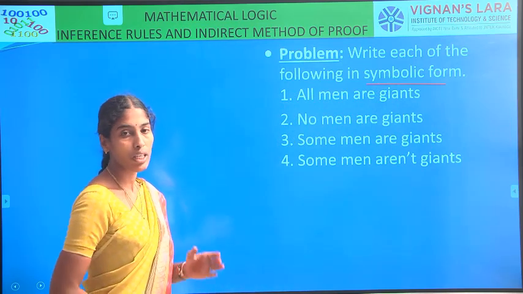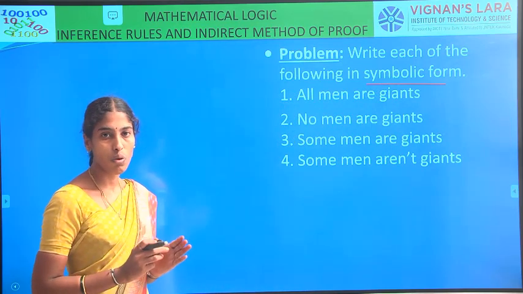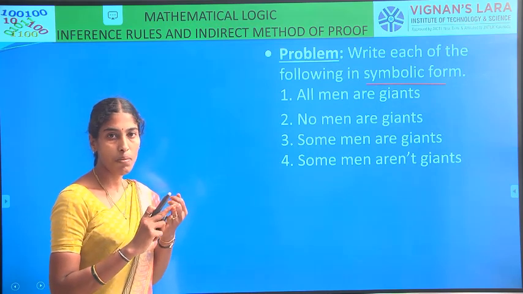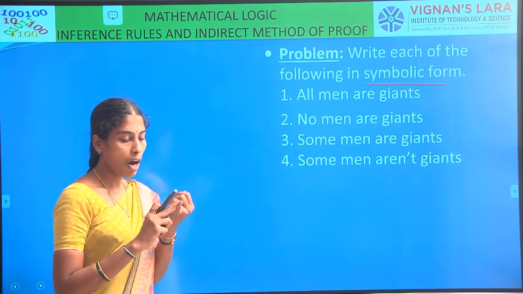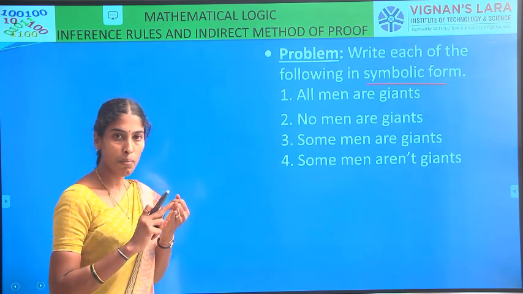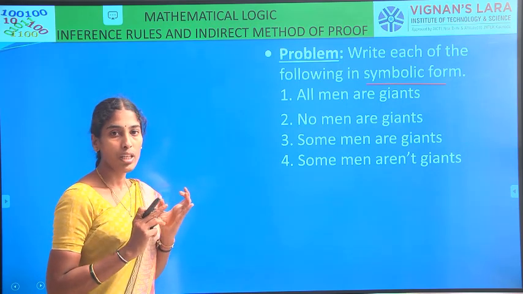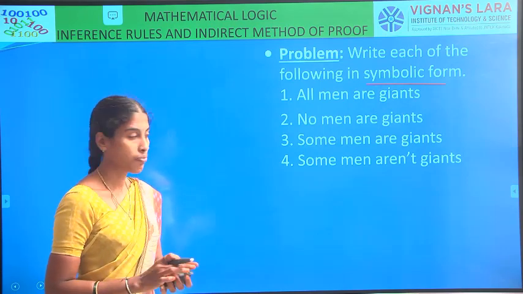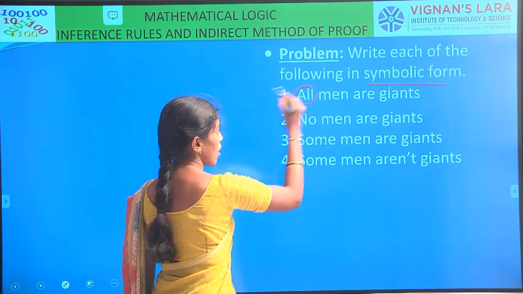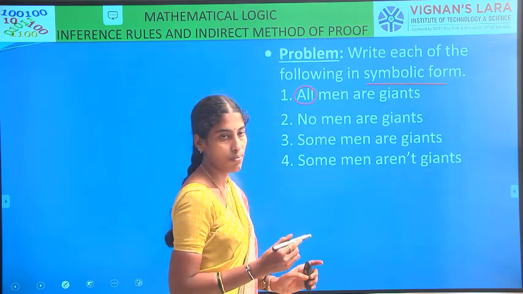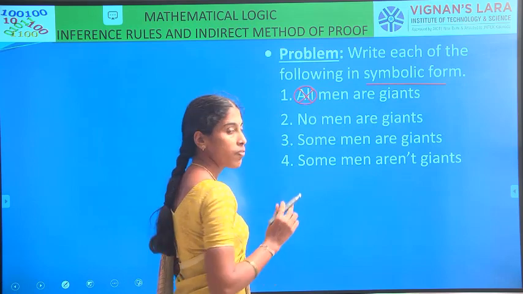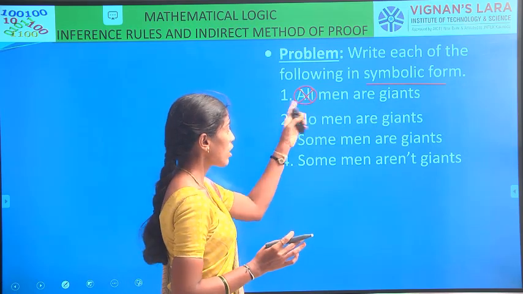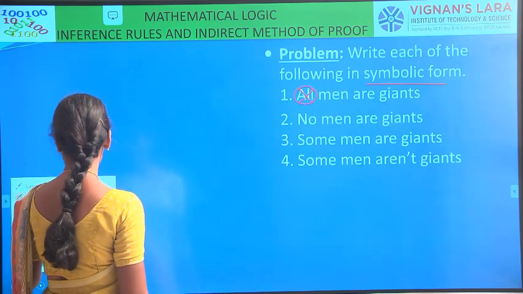First we have to check whether each sentence consists of the word all or some. If the word all or some is there, then we need to write quantifiers along with predicates. Suppose it is not there, like men are giants, then we need to represent it by only predicates. If all is there, then we have to represent it using the quantifier.